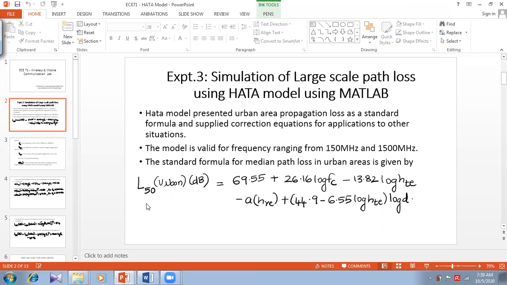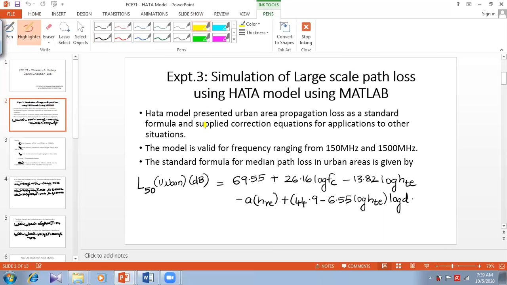Then he extended the same equation by taking some correction factors and extended it to suburban areas and small cities. We will be seeing it further. Now the model is valid for a frequency ranging between 150 megahertz to 1500 megahertz.